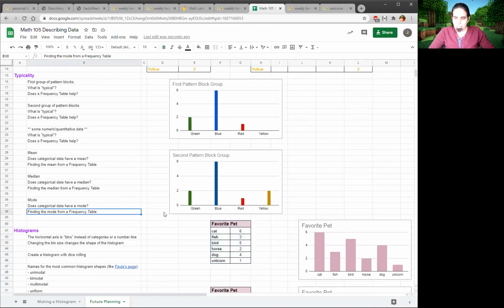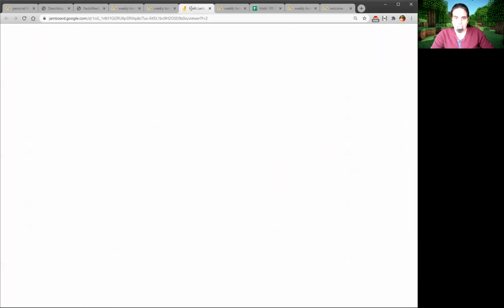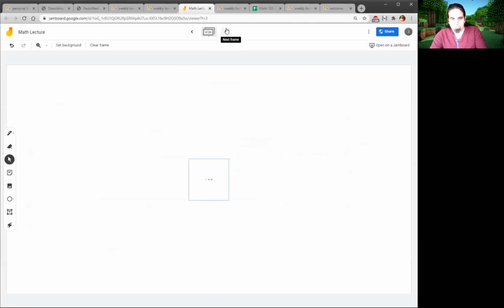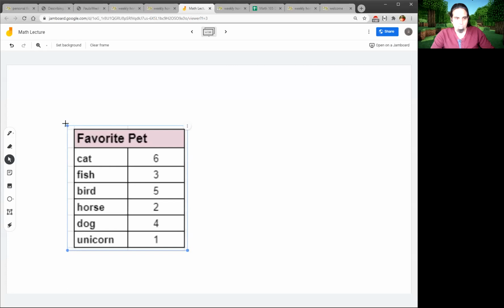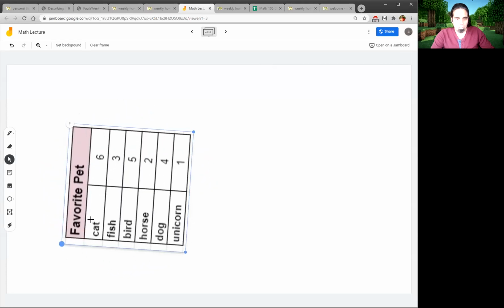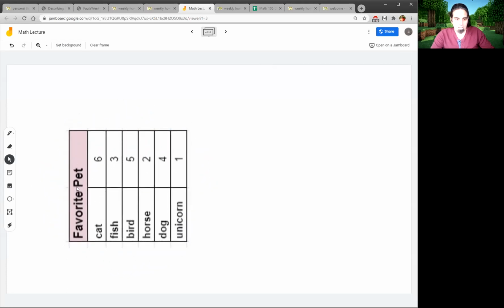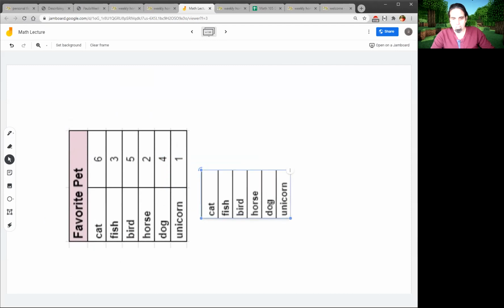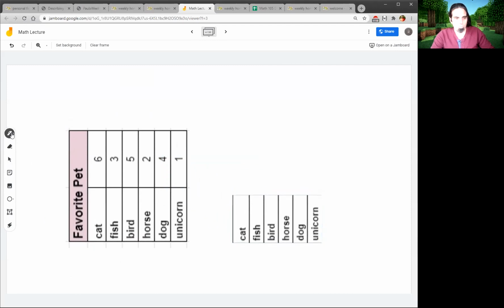And then I would say, oh, we could take this frequency table and if I just rotate it on its side, then I could say, instead of the numbers 6 and 3 and so on, we can draw our bars.